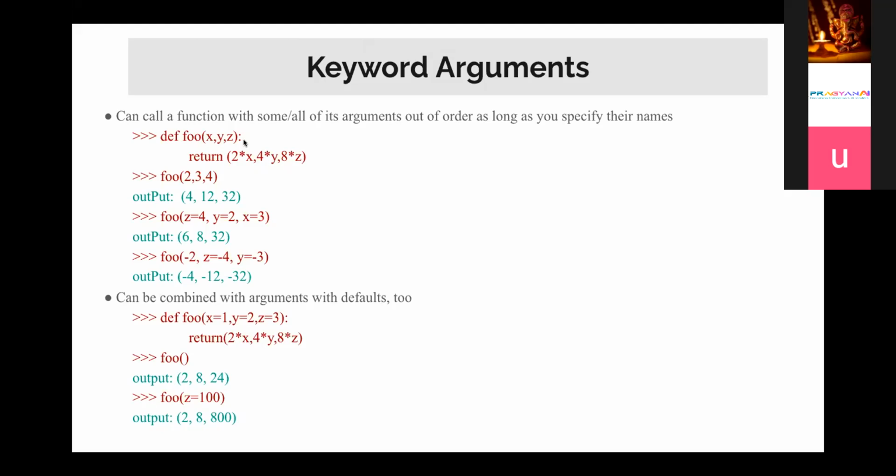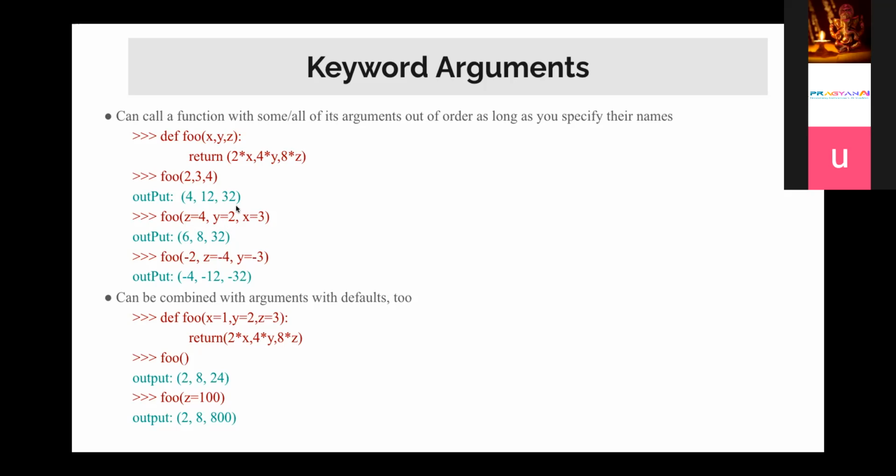Instead of just passing 2 3 4, which will assign 2 to x, 3 to y, and 4 to z, that is the normal way. But I want to pass the values using the keywords. What are the keywords? This x is one argument, correct? So x is equal to 3, z is equal to 4, y is equal to 2.